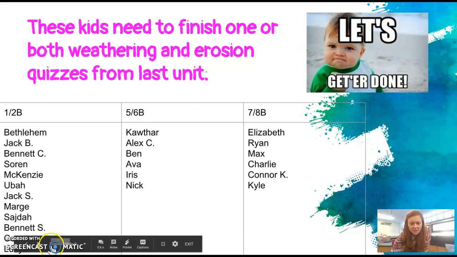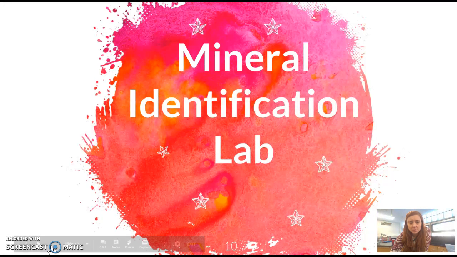All right, next. Today you're going to be working on a mineral identification lab. To do this, in order to be able to come back into the lab, you have to have packet pages 4 and 5 completed, which some of you started last class, and you have to have the Schoology quiz done. And you have to earn 9 out of 11 or higher in order to go back into lab.